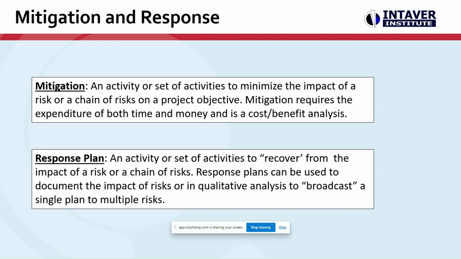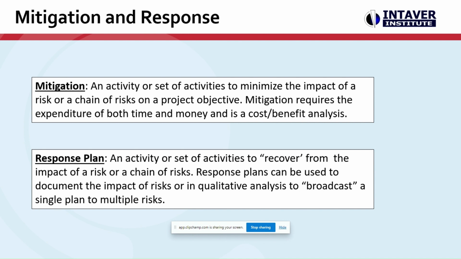One of the things we talk about in some of our presentations is the idea of zero risk bias. If we're not avoiding or transferring a risk and we're going to mitigate it, that doesn't mean we're going to eliminate the risk. There is obviously going to be a cost or schedule impact, or both, on your project objectives.